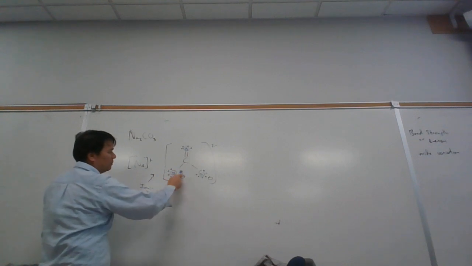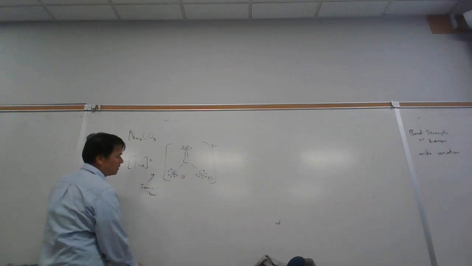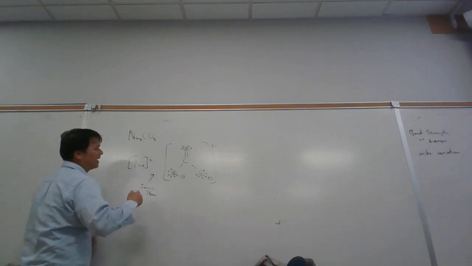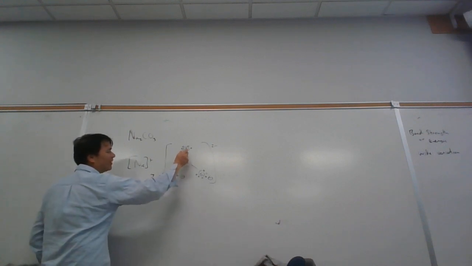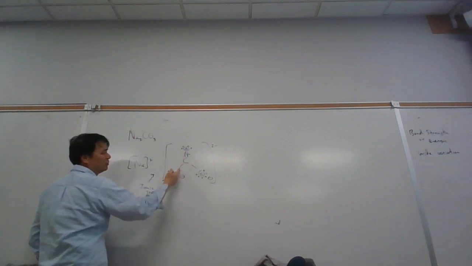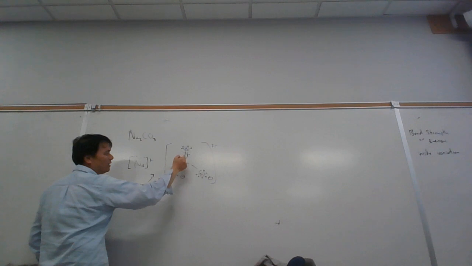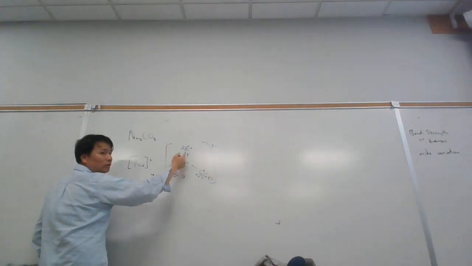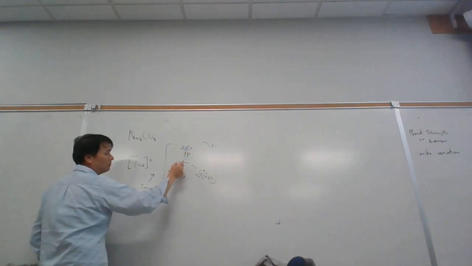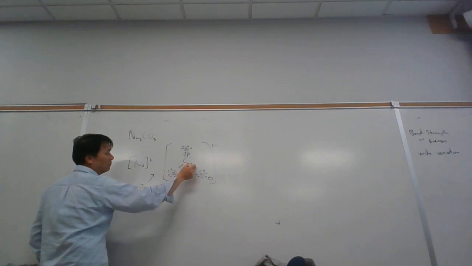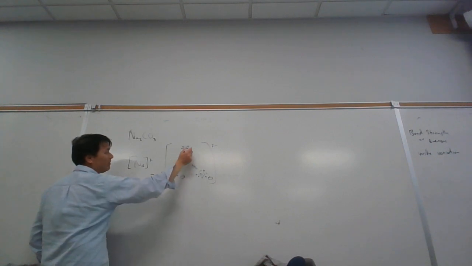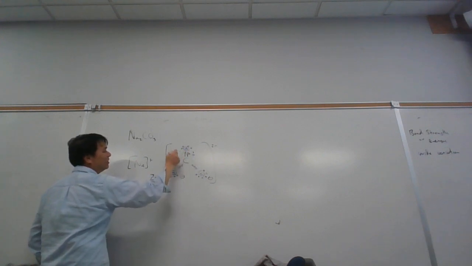But these ones would show different cloud distribution. And so I'm going to have more concentrated density here, because rather than 2 electrons worth of cloud, I'm going to have 4 electrons.